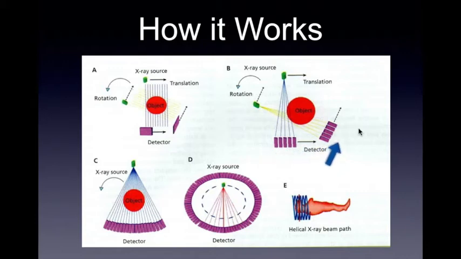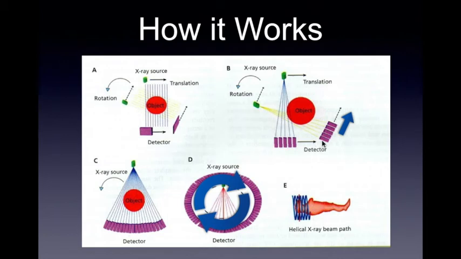Now, have it move around the object, just like what your panoramic X-ray would do, then you'll be able to get all of this series of varying images around an object. And this is how CT scan was able to get a series of X-ray images of the object itself.